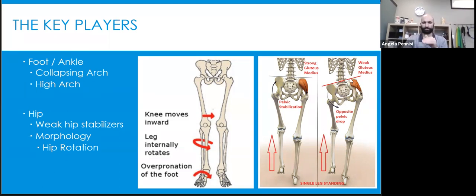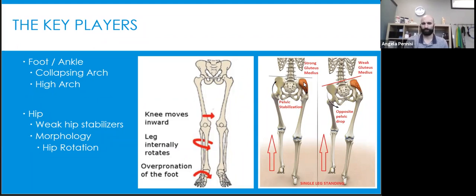If we look at runners, especially looking at someone from behind, I want to see that this shelf here is level, that you can balance something on either end and it wouldn't fall off. That means that the hip stabilizers are doing what they're supposed to do. Specifically, this gluteus medius muscle is one that we often target because of its important contribution to hip stability.